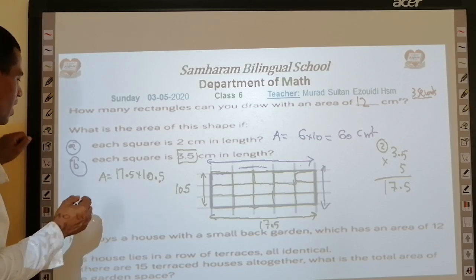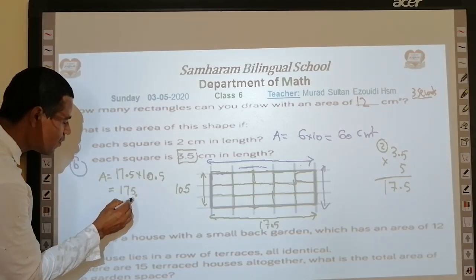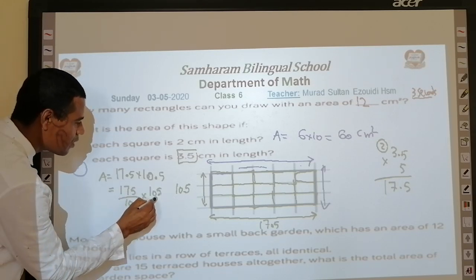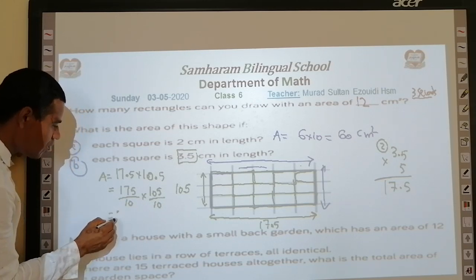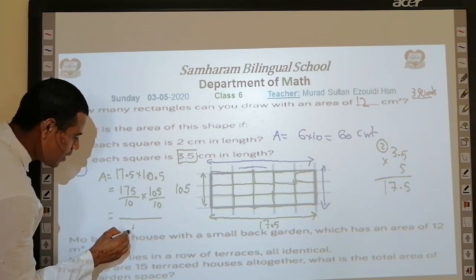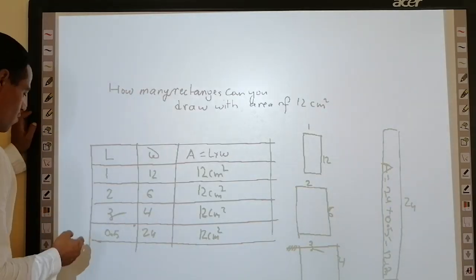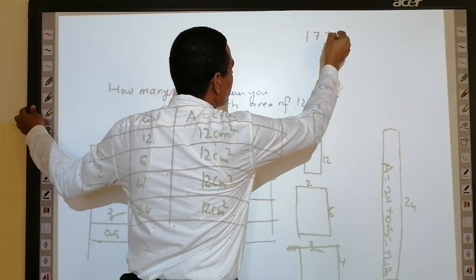I will write this as 175 divided by 10 multiplied by 105 divided by 10, all divided by 100. I will now calculate it. 175 by 105.